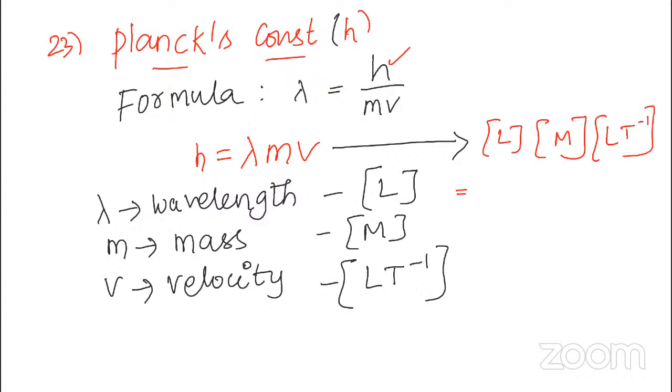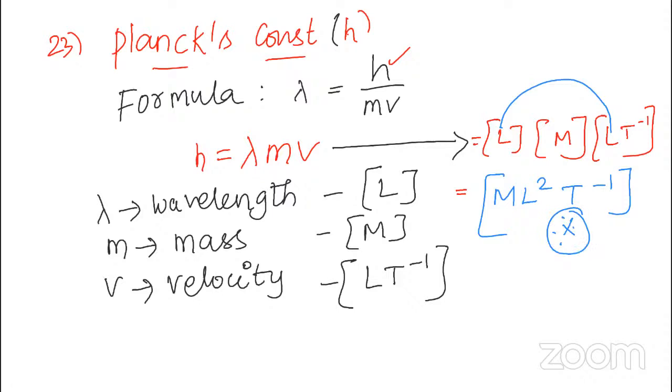So here we just couple all these things: M L square T power minus 1. So this is the dimensional formula of Planck's constant. This is a very, very important one.